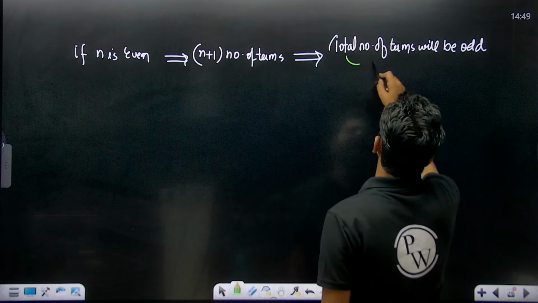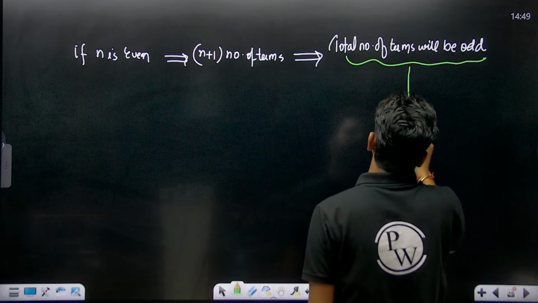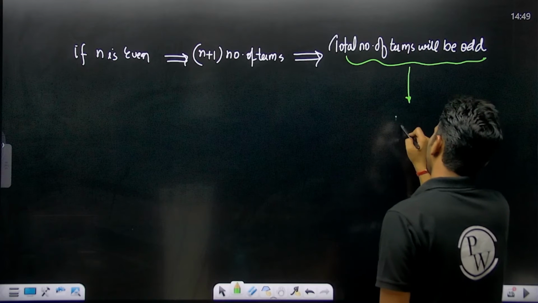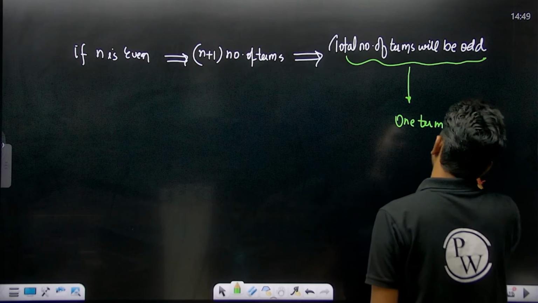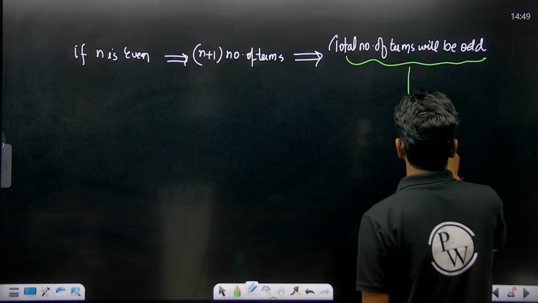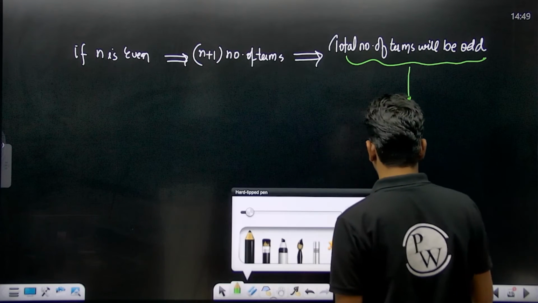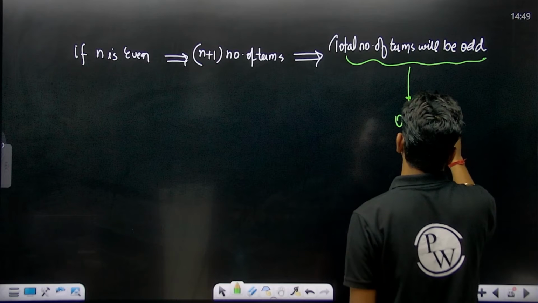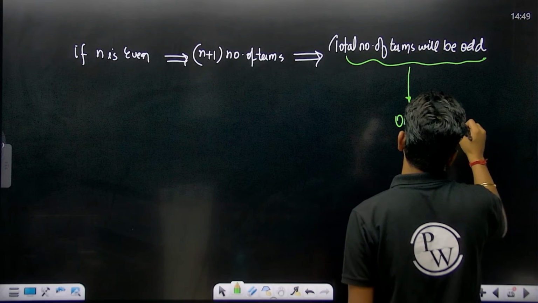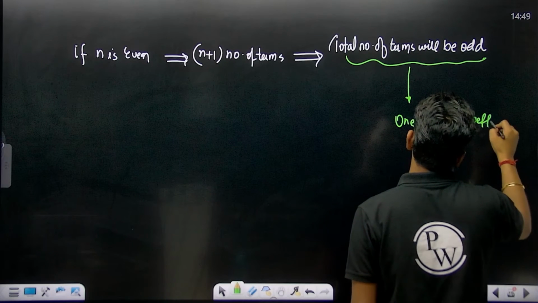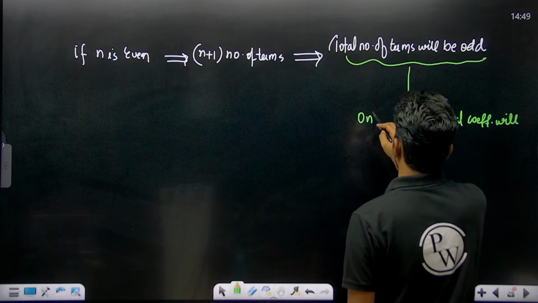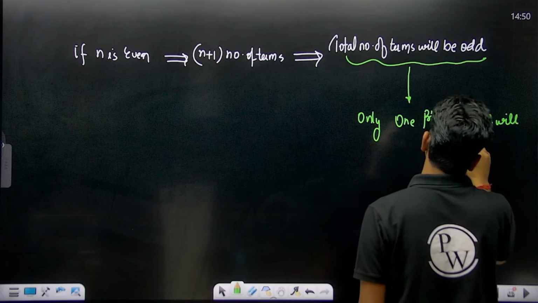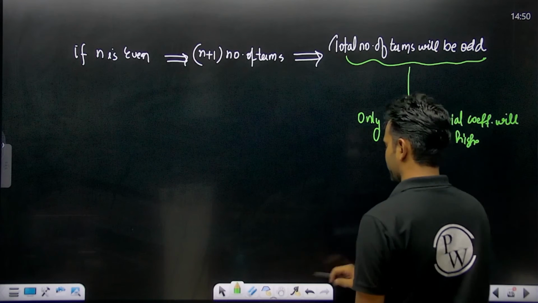And whenever an odd number of terms is there, don't you think that one term will be highest? One binomial coefficient will be highest. Only one binomial coefficient will be highest or greatest.